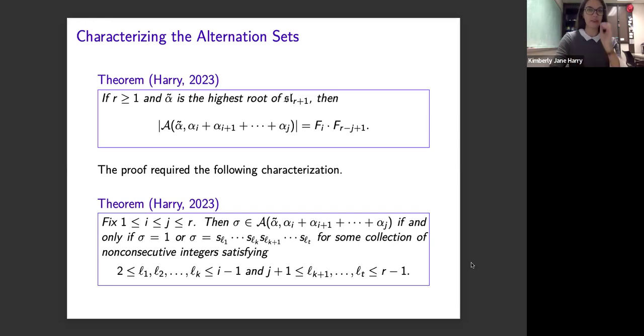I clump them into my s's before, so l1 all the way up to lk have to be between 2 and i minus 1. And then the last set of s's that are possible have to be between j plus 1 and r minus 1. So I have to somehow find the characterization of these elements.